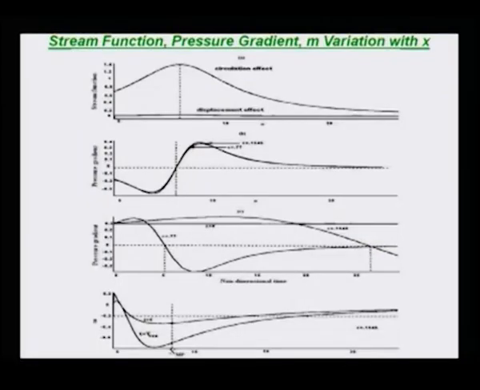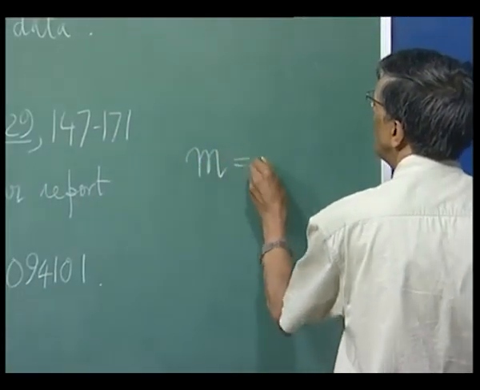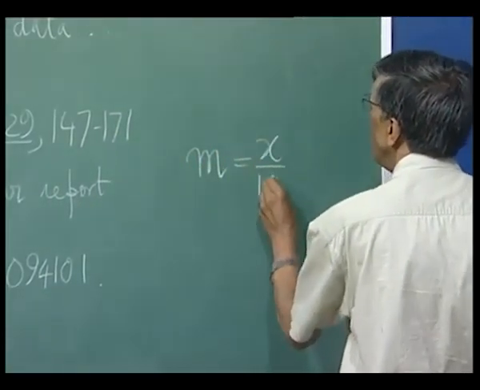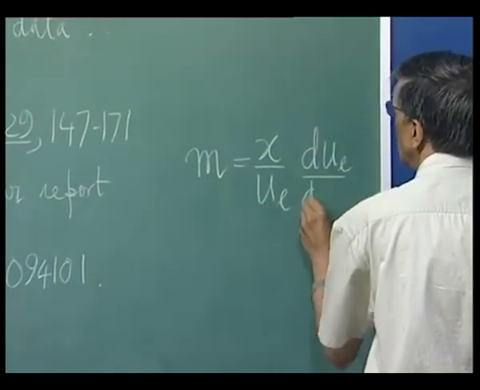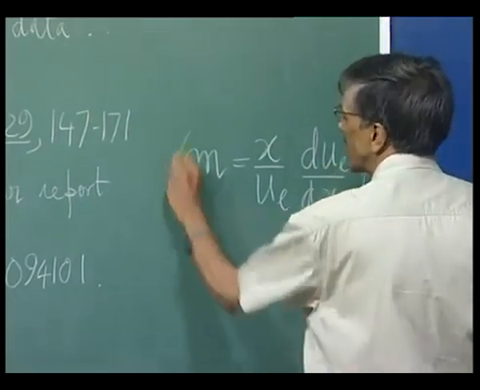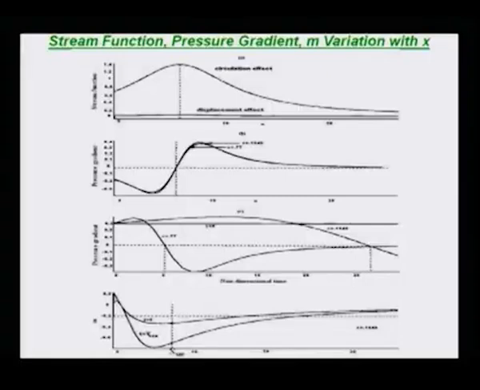Okay. And the last quantity is the Falkner-Skan parameter that we have defined as m equal to x by u_e times d u_e by dx. This is the non-dimensional pressure gradient parameter that we have plotted there, and the top curve corresponds to t equal to 0.